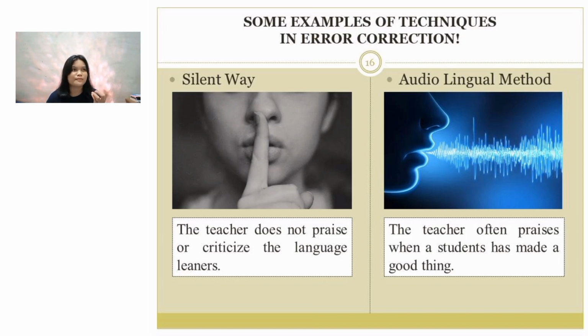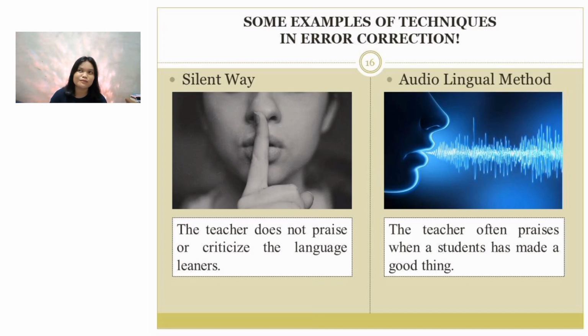So if your student makes something wrong, you just need to correct the mistake, and then let's go learn about another material. And then the audio lingual method. The teacher often praises when the student has done something well.